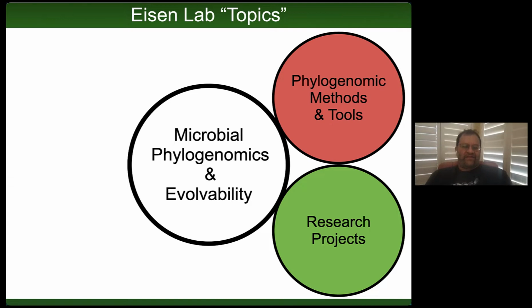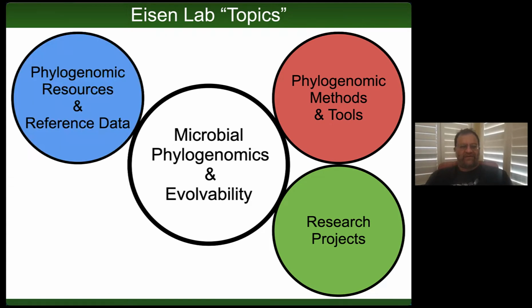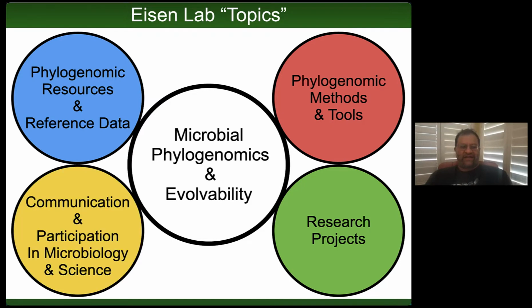There are methods and tools that we work on developing that I call phylogenomic methods and tools. There's resources and reference data that we try to collect or help others collect. And then we spend a lot of time thinking about communication and participation in microbiology and science. And these all connect to each other, although I haven't drawn them as overlapping. We develop phylogenomic methods and tools that are related to our research projects.